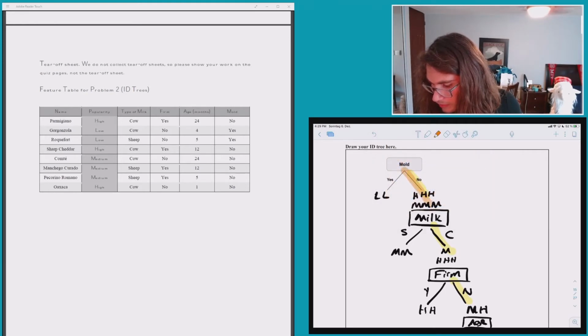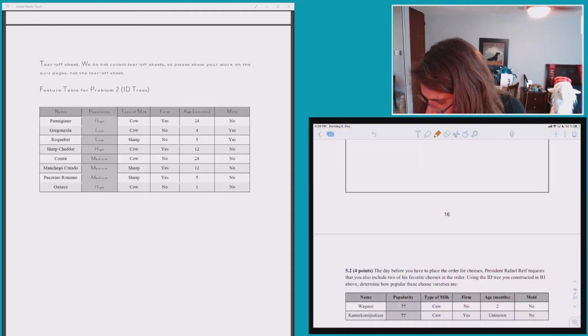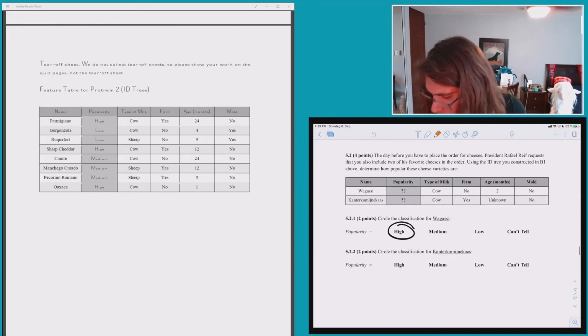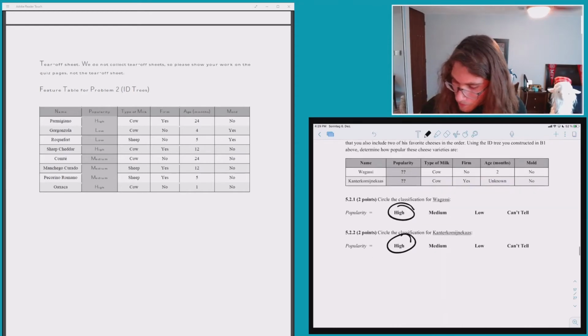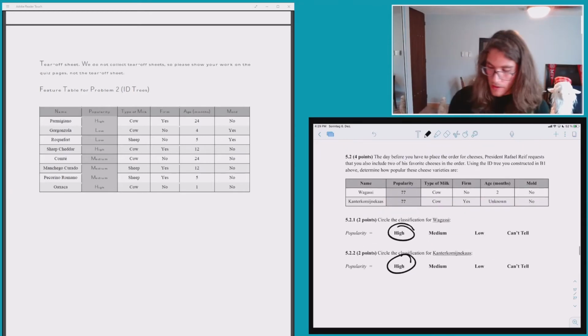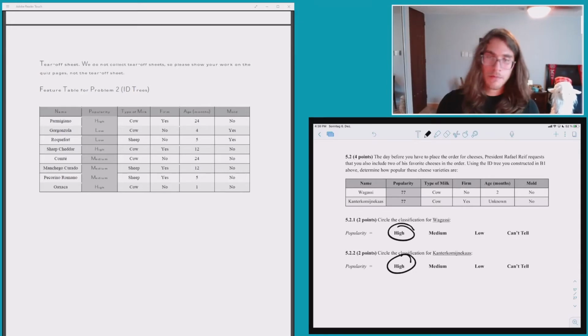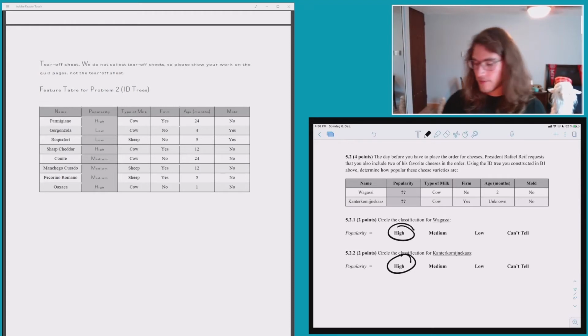Doesn't have mold, it's cow milk, and I believe it was firm. Yep, it was firm, which means it's correct, it's a high. Just to double check, yep, it's high. And so we've successfully run the greedy ID tree algorithm and used our greedy ID tree.